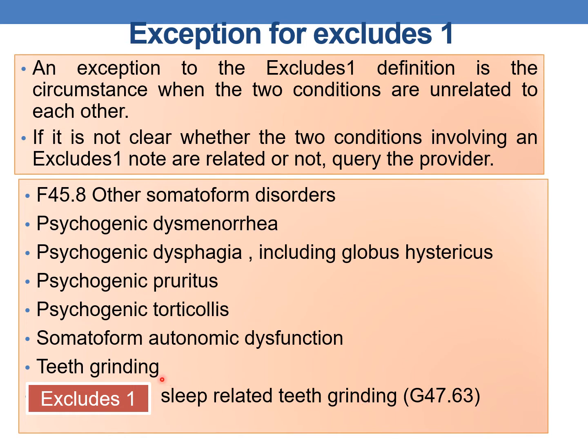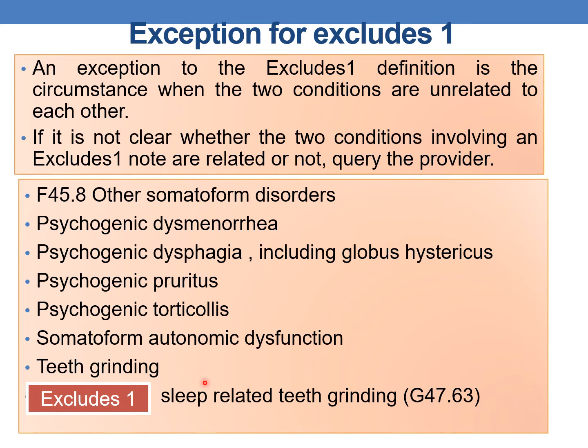So, you should not give F48.8 and G47.63 together. Because F48 includes only simple teeth grinding, whereas G47.63 deals with sleep-related teeth grinding. So both forms of teeth grinding cannot exist.